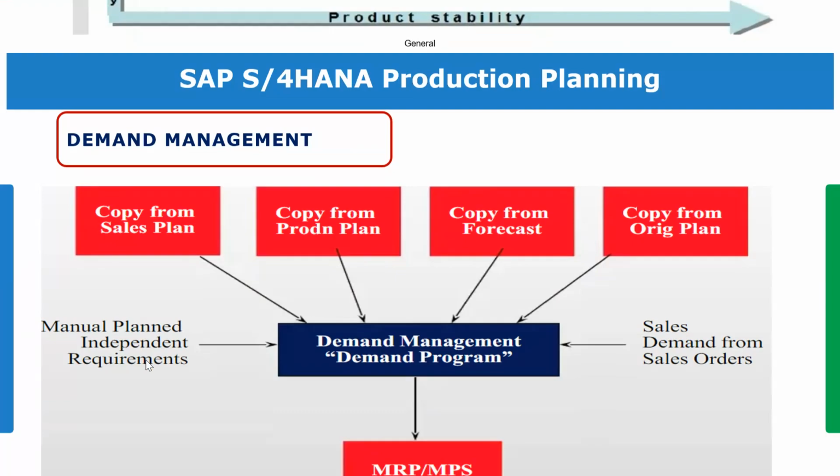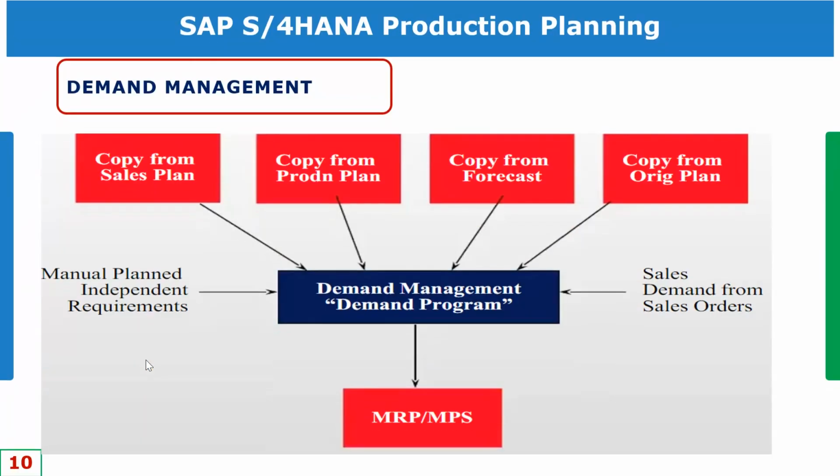And this is demand management. Demand management is nothing but the requirements: how the requirements are created, or how the requirement quantities are arrived at. It may be from a customer, or it may be from our own side, which is called planned independent requirement.